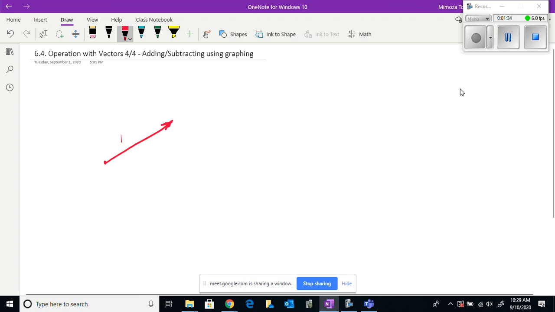So the vector has a name, and then we know its magnitude and its direction.